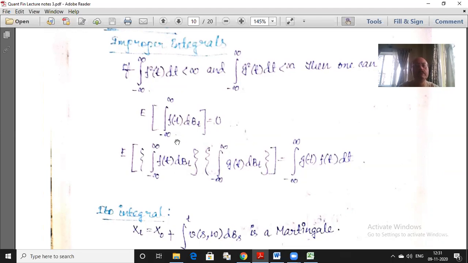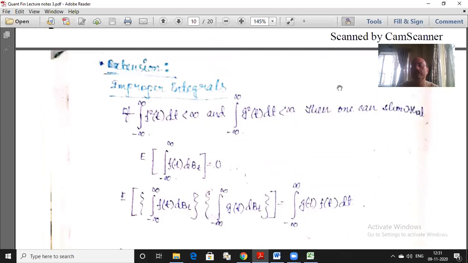If I want to extend our dV type integrals to improper integrals, so I want to make sense of integrals of this type, minus infinity to infinity f dV, first of all, I will need all these functions to be square integrable. The square integrals should be finite, because eventually I need the variance to be finite.